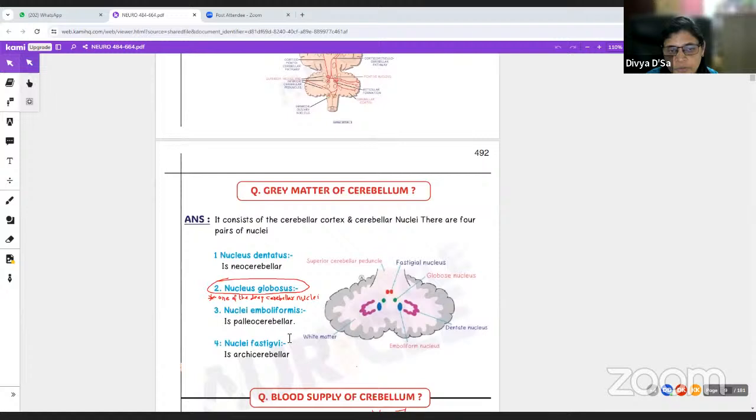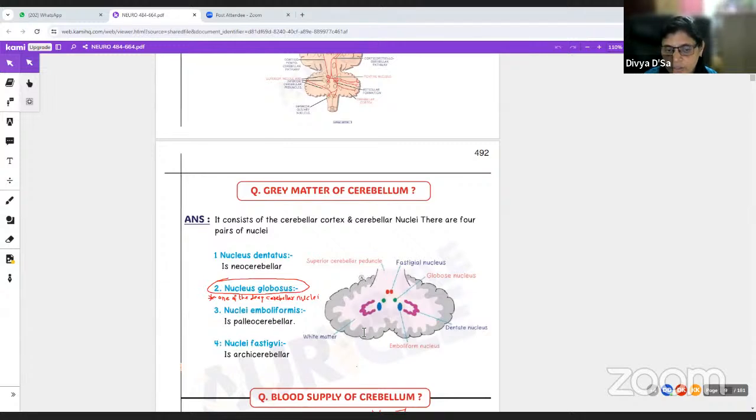So, gray matter of the cerebellum. It consists of the cerebellar cortex and cerebellar nuclei. There are 4 pairs of nuclei. One is the nucleus dentatus, which is neocerebellum. The cerebellar cortex, which we see in histology, has 3 layers.